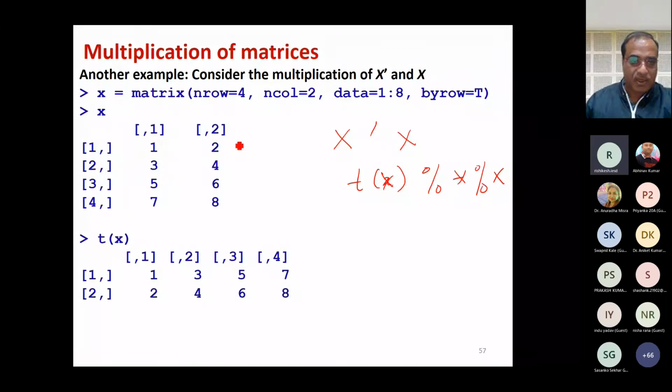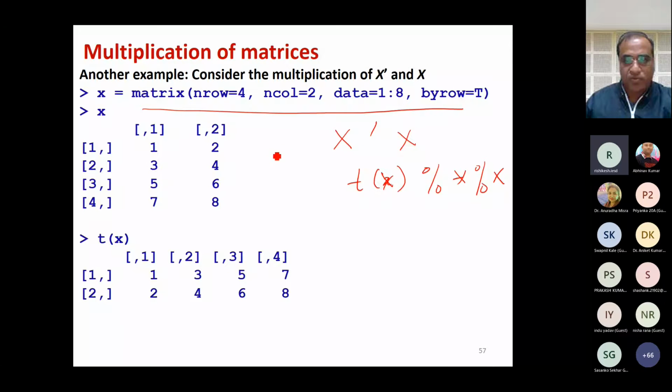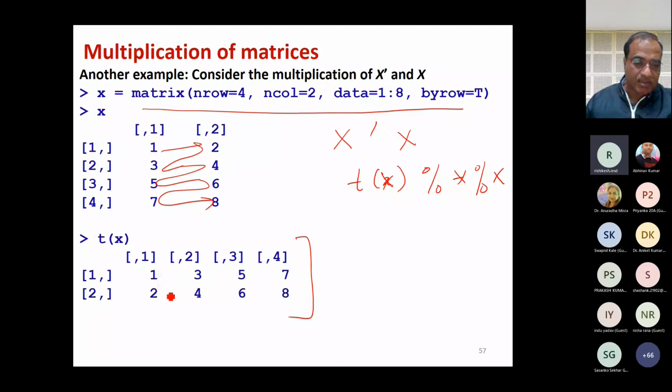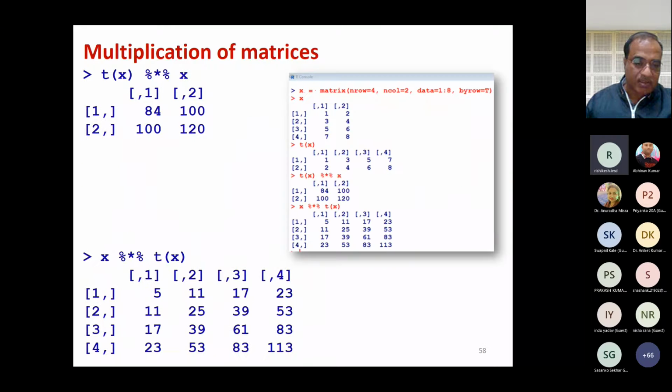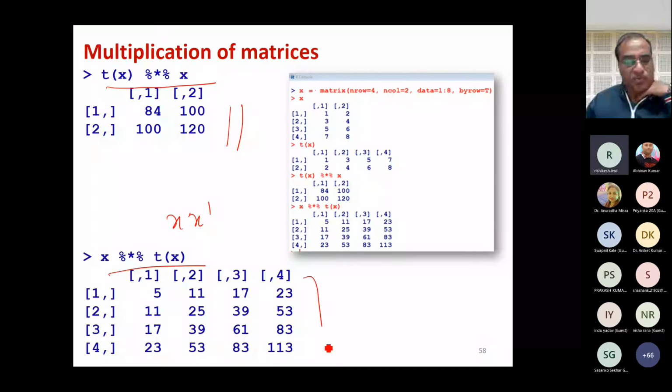This is your X, which is a 4 by 2 matrix, and the data is arranged row wise like this. Then I take its transpose, and the rows and columns are interchanged. And if I want to find X transpose X, I can write it like this. This will give me this answer.